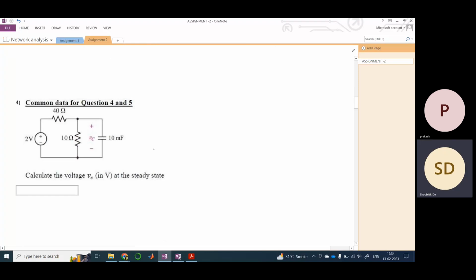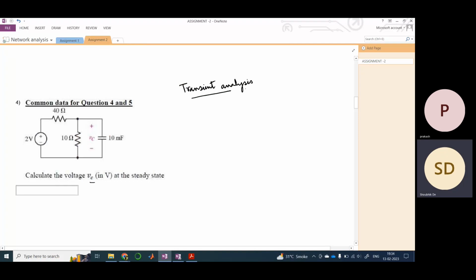Okay, so the next problem is something like this. Again, this is a common data question for questions number 4 and 5. At steady state. What do you mean by steady state? In this kind of problem, this is basically transient analysis in circuit theory, and it is one of the important chapters of this subject.